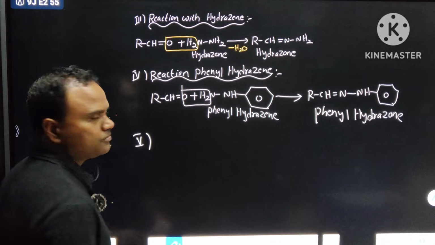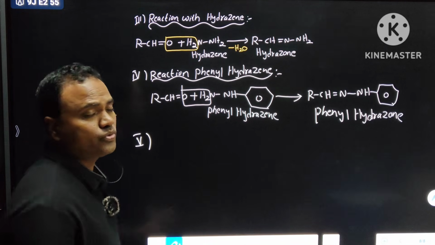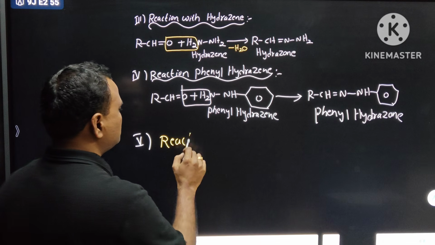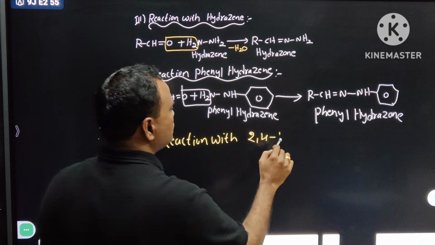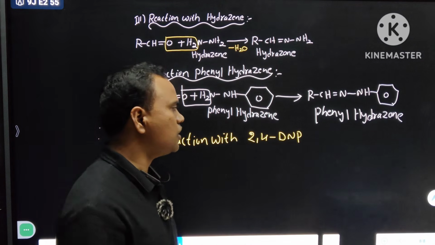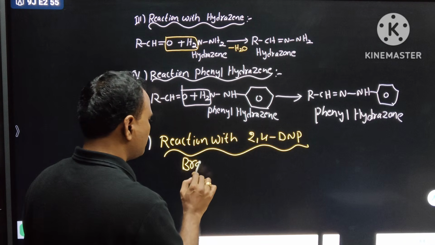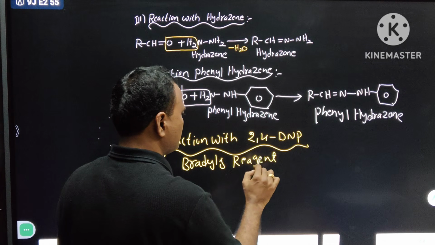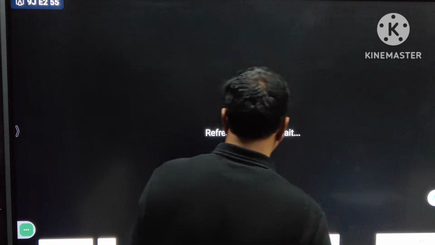Next, very important, reaction with the 2,4-DNP or Brady's reagent. 2,4-DNP, another name is Brady's reagent. DNP stands for dinitrophenyl hydrazine, also called as Brady's reagent. Let us see this. I am taking another slide.